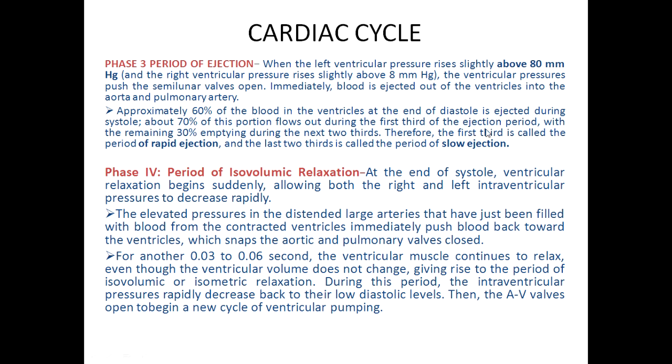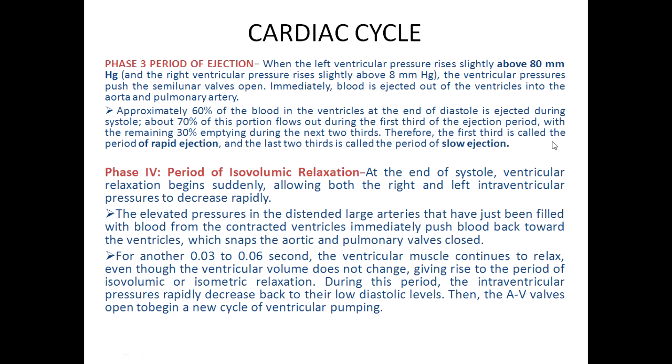So during the systole, 60% of the blood is ejected. About 70% of this portion flows out during the first third of the ejection period, with the remaining 30% emptying during the next two thirds.